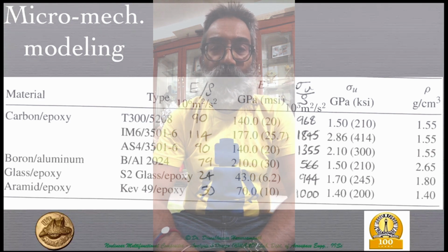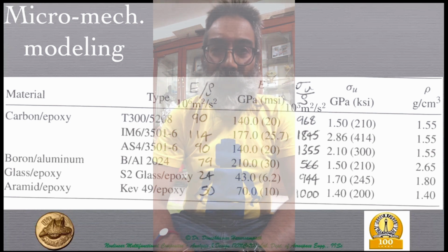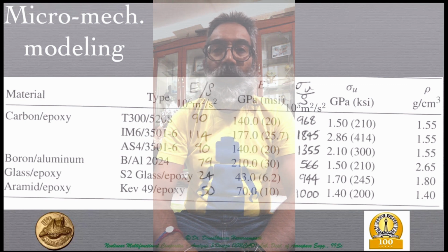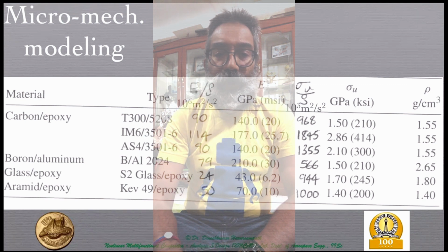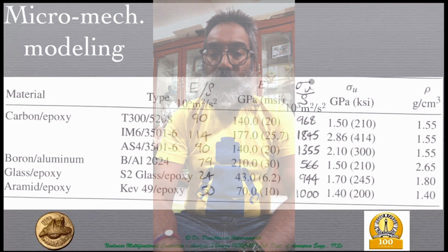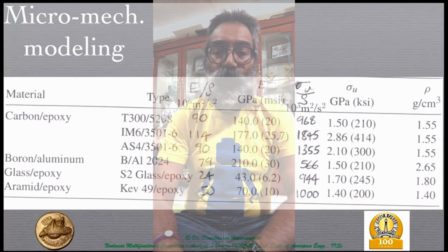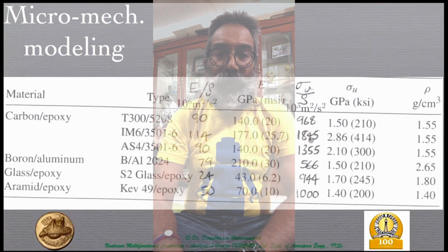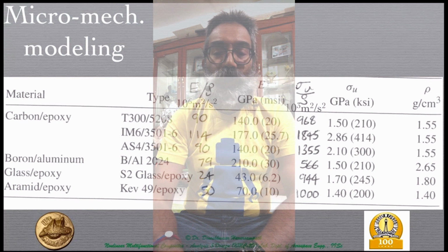But if it's only for a statics problem, then E by rho is sufficient, which is what I have listed over here in 10 power 6 meter per second squared, in this particular column. And then in this column, you see sigma U by rho, that is the ultimate tensile strength along the fiber direction divided by the density, which is the specific strength as a performance index as opposed to a specific stiffness.